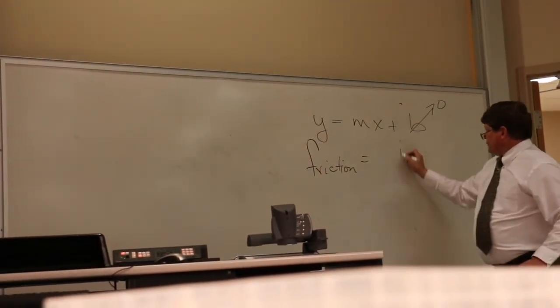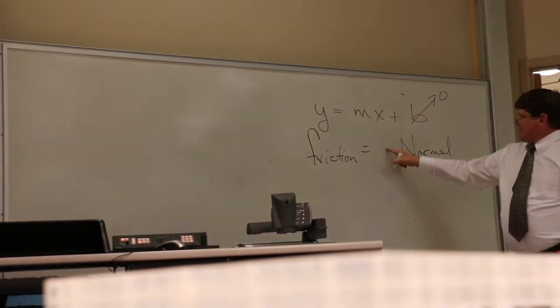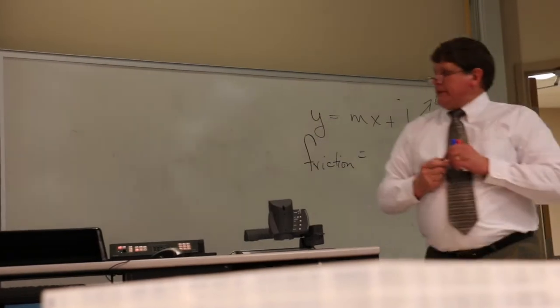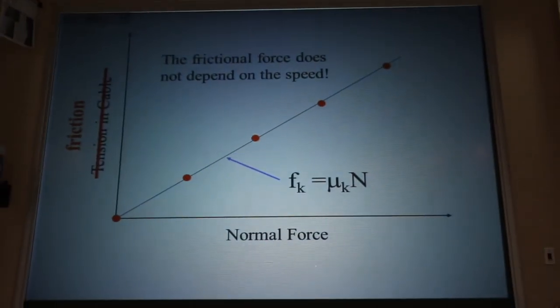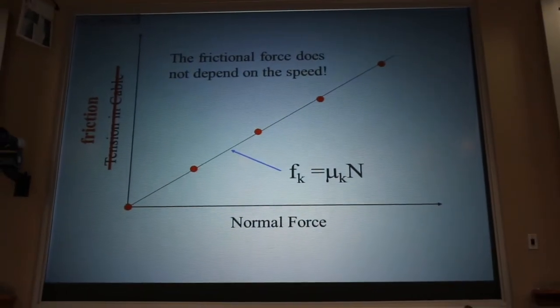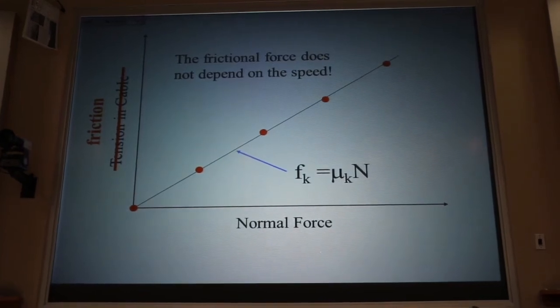The x-axis is the normal force. And this slope, instead of an m, we give the Greek letter m a mu. And it's called the coefficient of kinetic friction.